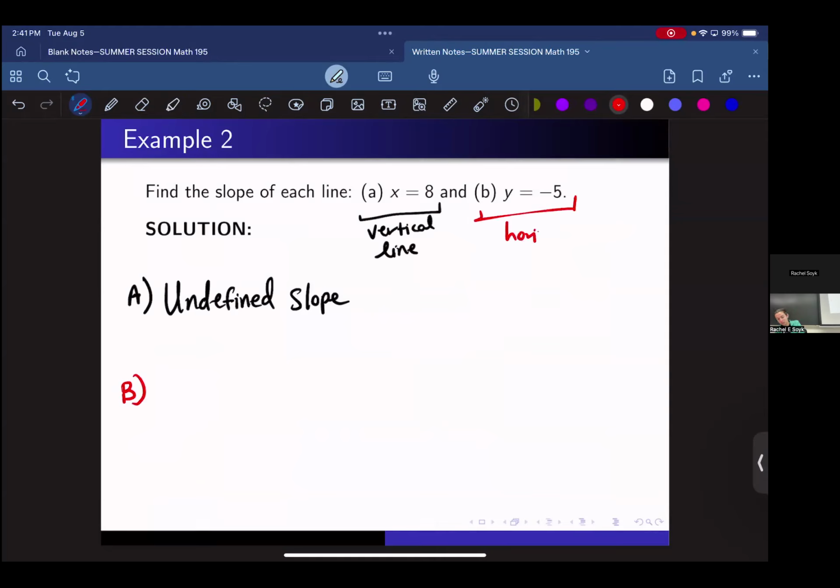All horizontal lines have 0 slope. Also known as a constant slope.